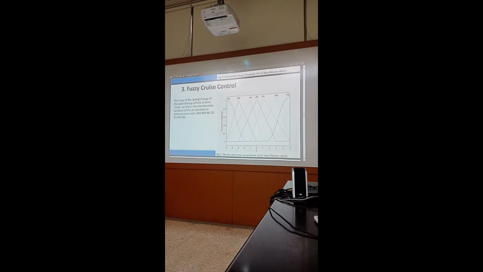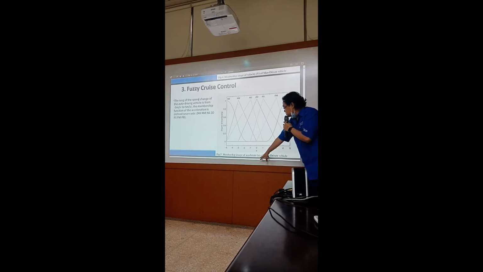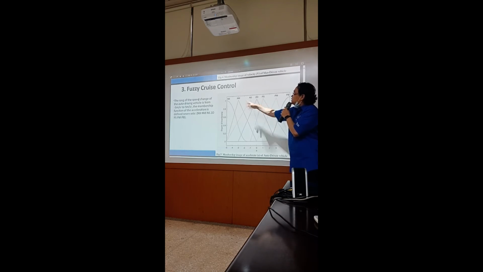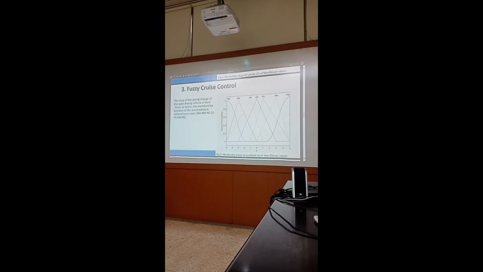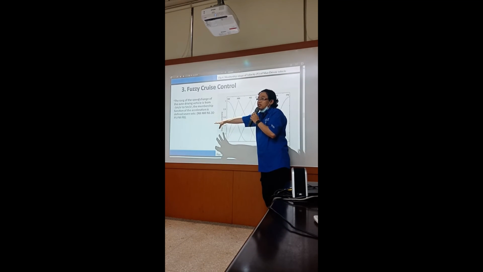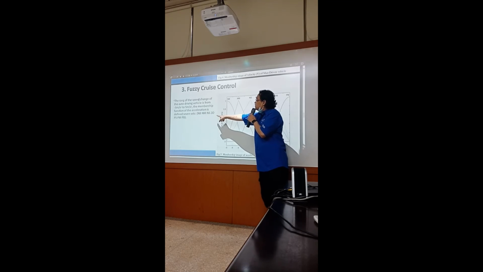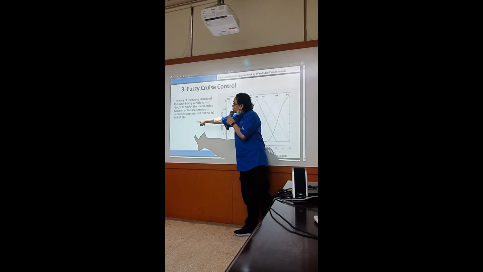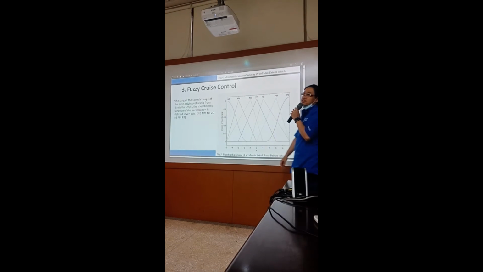And then this is the output membership function for acceleration, A. For this membership function, they have 7 linguistic sets. NB is negative big, NM is negative medium, NS is negative small, Z0 is zero, and PS is positive small, PM positive medium, and PB positive big.